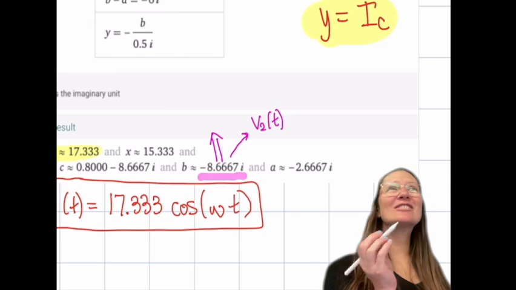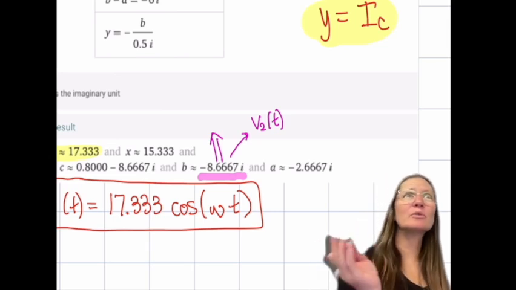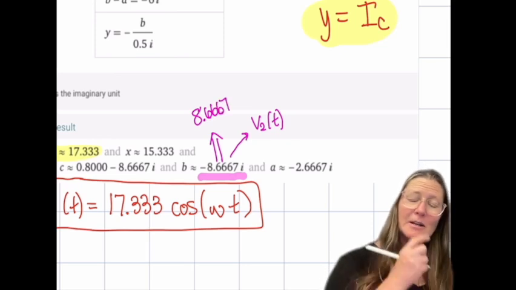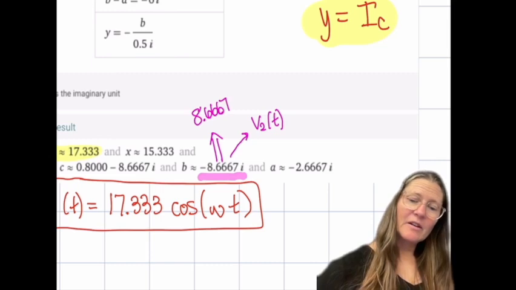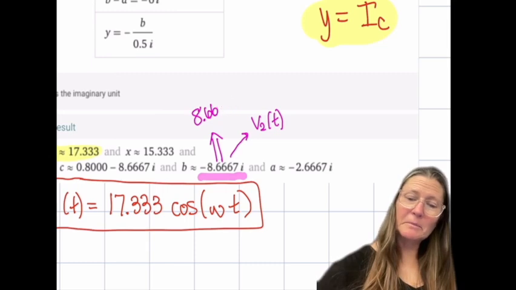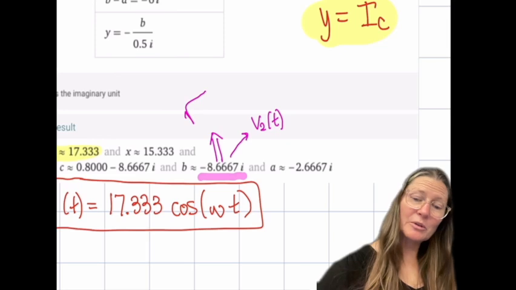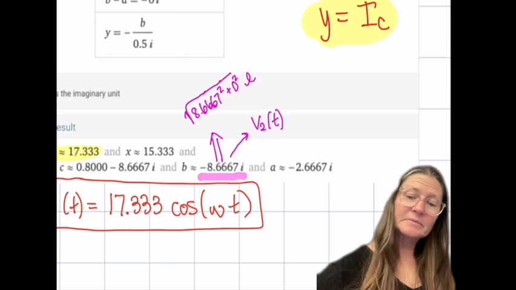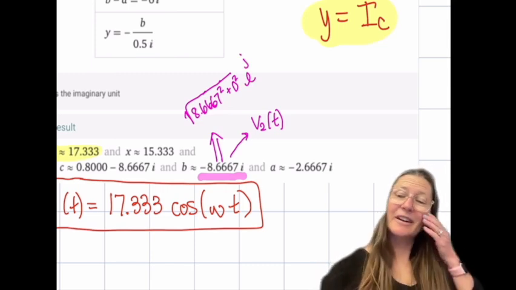So minus I is the same as minus J. So what does that transform into in polar? If I don't remember, I can just take 8.66 cosine. Oh wait, sorry. It'd be square root of 8.66667 squared plus 0 squared. Oh, I can't do it this way.